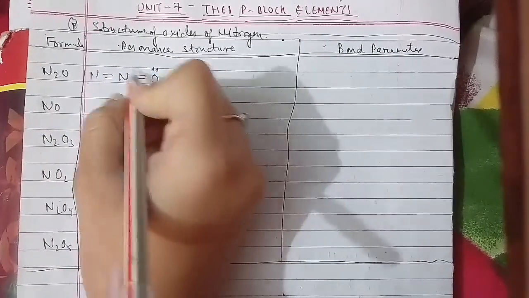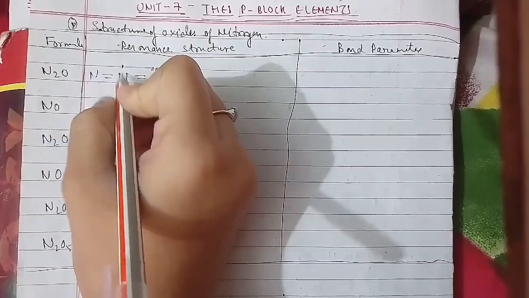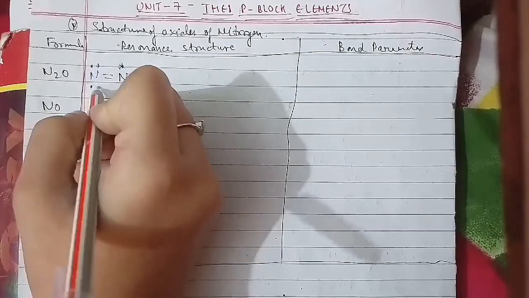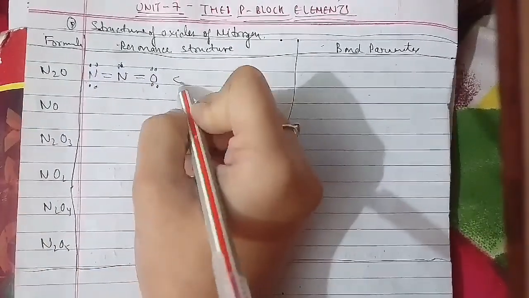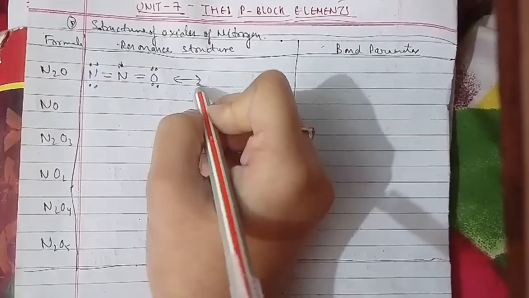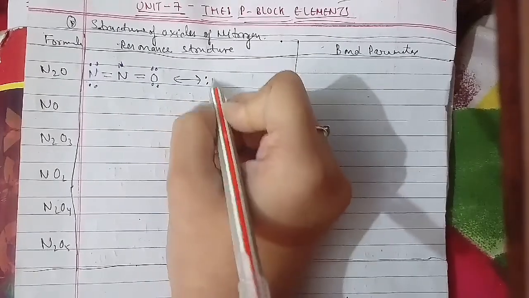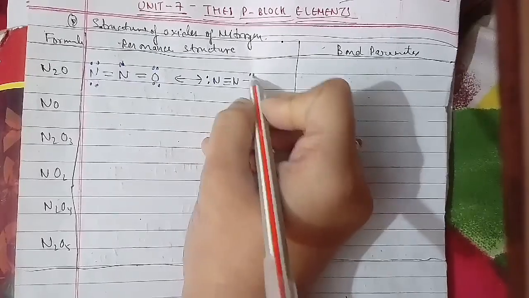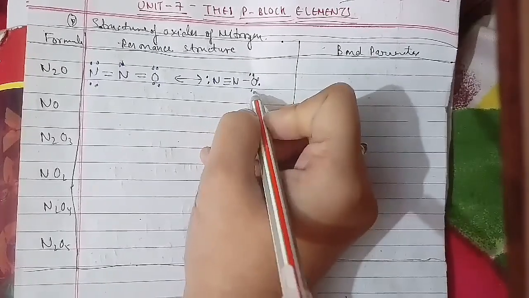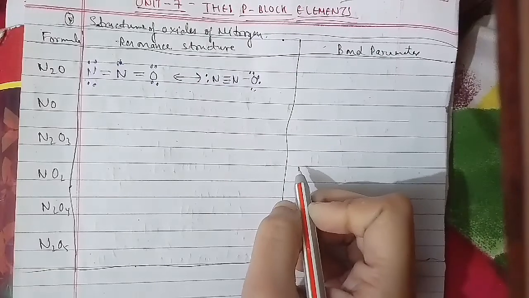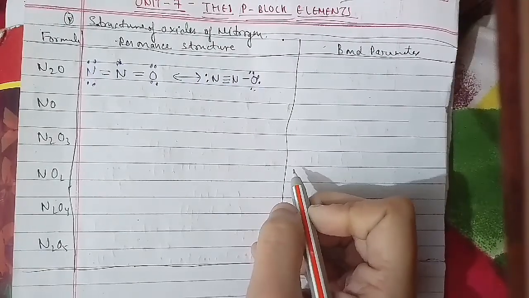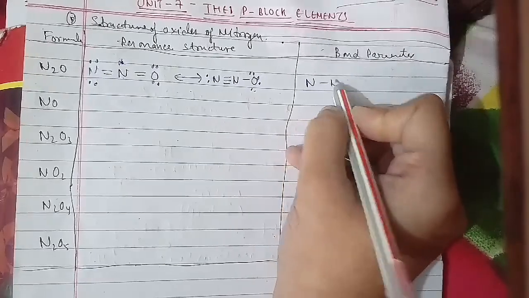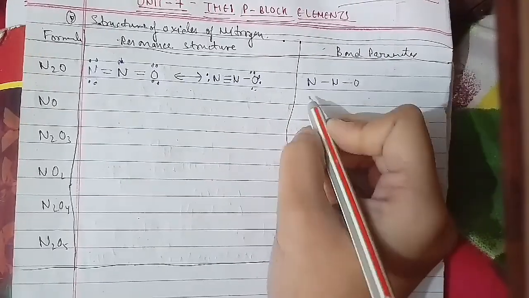With the same case, it will be N triple bond N single bond O, with the lone pairs shown here. According to the resonance structures, the bond parameters are represented in the form of N-N and N-O, where N-N is 113 pm and N-O is 110 pm, and the molecule is linear.